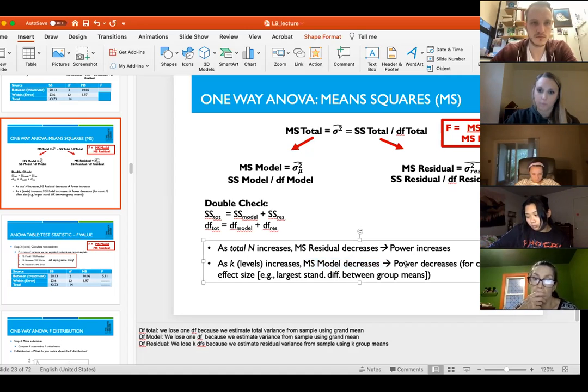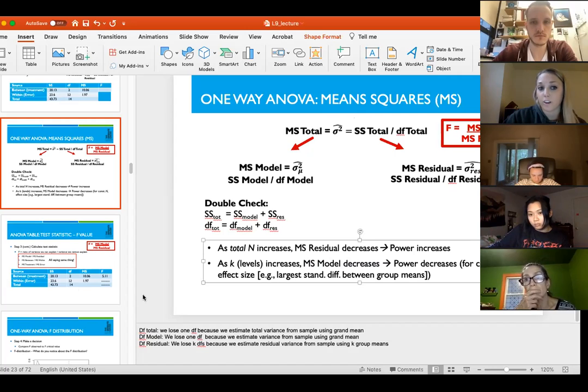So your power will decrease. That's so counterintuitive to what I think. Yes, if you're also increasing your sample size, then it wouldn't have a less powerful effect. But if you're keeping your N constant and your effect size is constant, then it's going to go down.